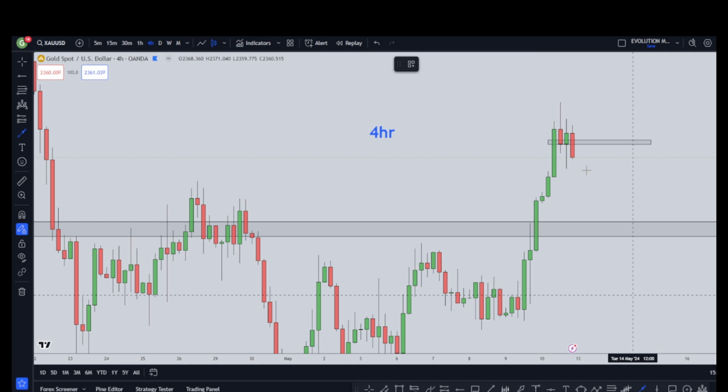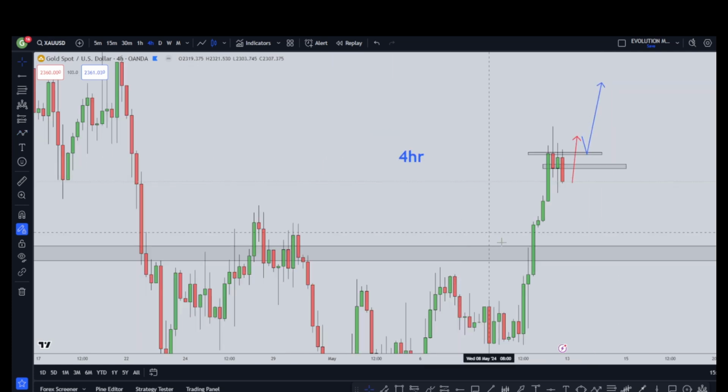But should price in this area break above this resistance area, we will position ourselves in the lower time frame to take advantage of whatever setups it might give us within this area here, and look to drive it to the upside.